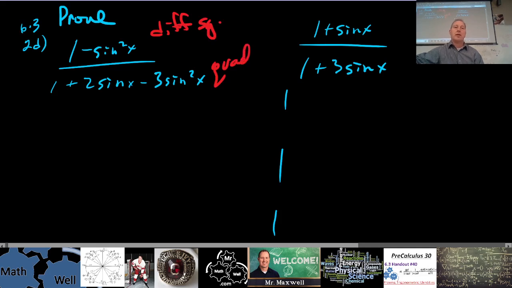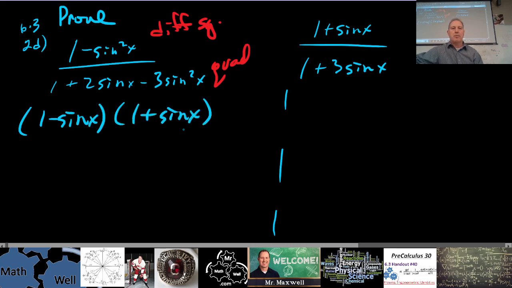Okay? So here we go. This is going to be 1 minus sine x times 1 plus sine x on top. Now this one, you might not like the look of this, but this is the same as 1 minus 2x minus 3x squared.